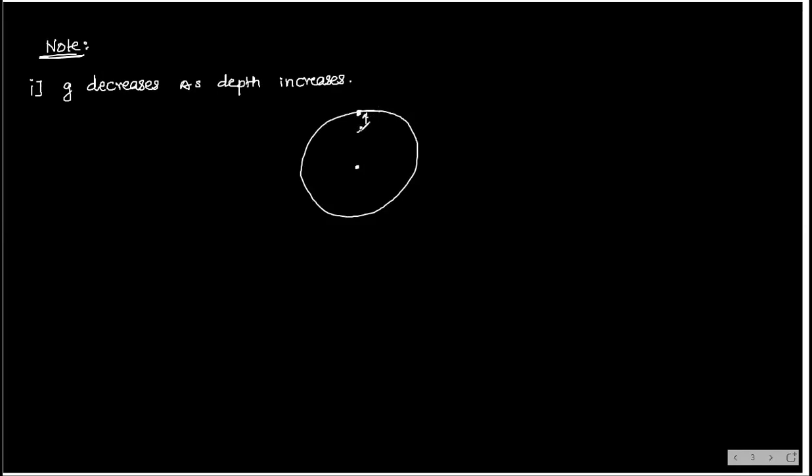Now depth is suppose 200 kilometer here, and next time the depth is suppose 4000 kilometer. In the second case depth increased, so gravity will decrease or not? As compared to 200 kilometer, at 4000 kilometer your gravity will be less. That's why g decreases as depth increases. Means as you are going inside towards the center of the earth from the surface, gravity decreases.